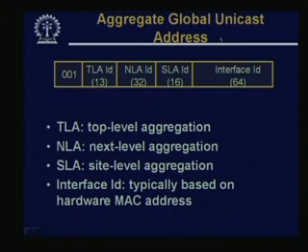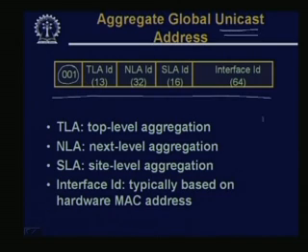So, this is a compact way of writing this down. And you can have an aggregate global unicast address. This means that the total IPv6 address you can divide as follows. You usually start with 001, indicating that it is a unicast address. All unicast addresses will start with 001. You can have top level aggregation. This can refer to the top level internet service provider.